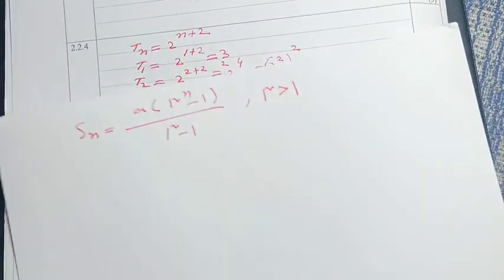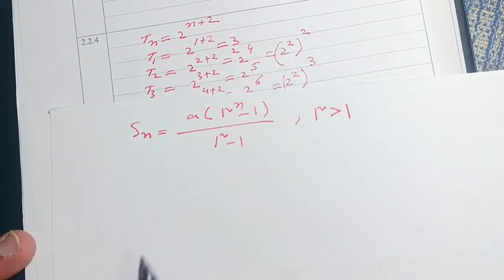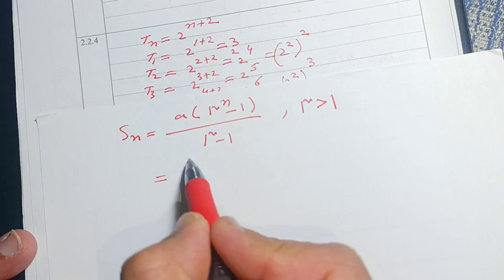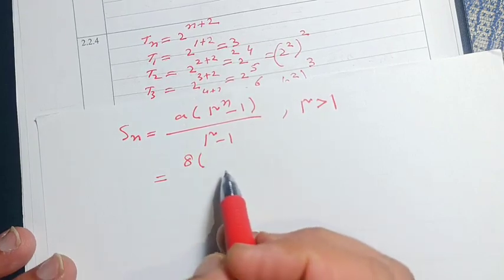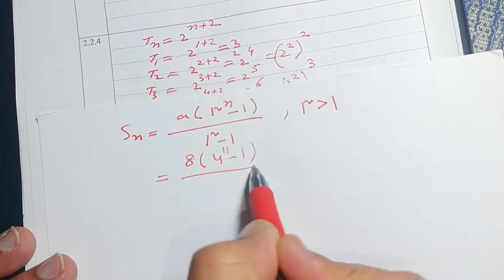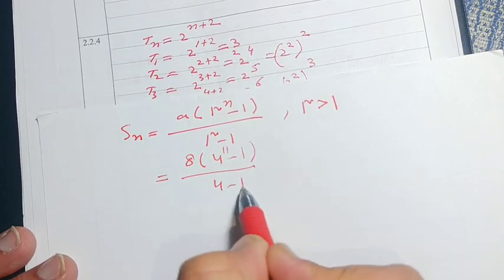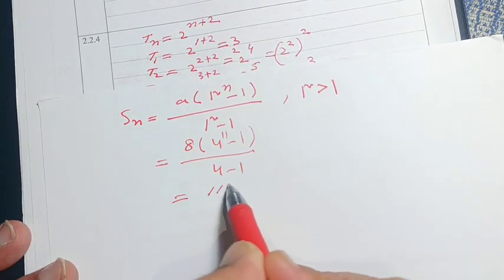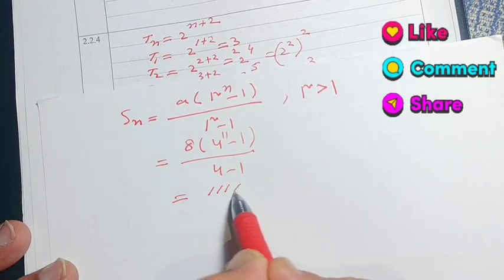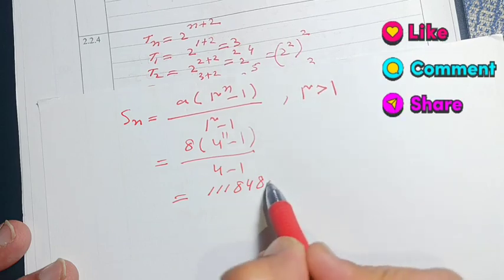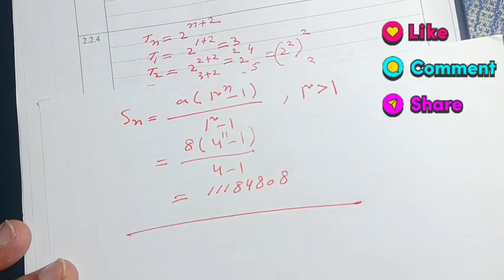So we substitute: 8 times 4 power 11 minus 1 over 4 minus 1. And I'm going to use the calculator. My answer is 11,184,808. This is my final answer.